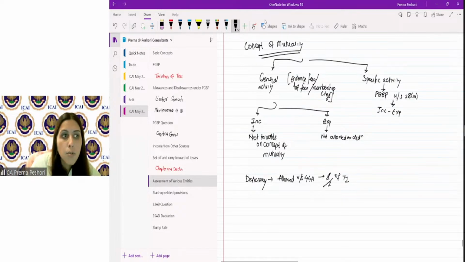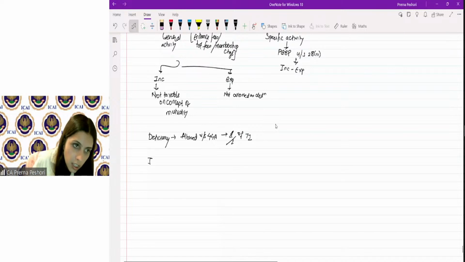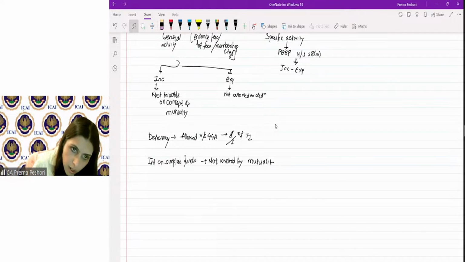Are we clear about the mutuality? Yes. And any interest on surplus funds not covered by the principle of mutuality. So you can just write it over here. Interest on surplus funds not covered by mutuality.